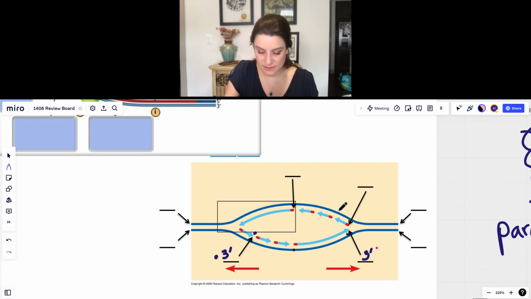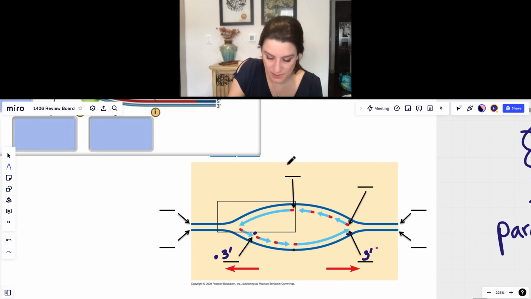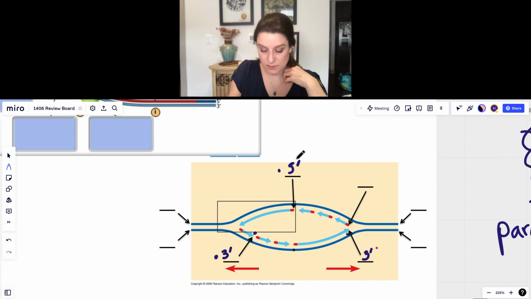Right, so where it's building is the 3', which means the opposite end must be, so like this one here, which end is that red one there, or all the primers? 5' or 3'? The 5'. The opposite of the end that's getting built on. So all the primers are 5' sides.